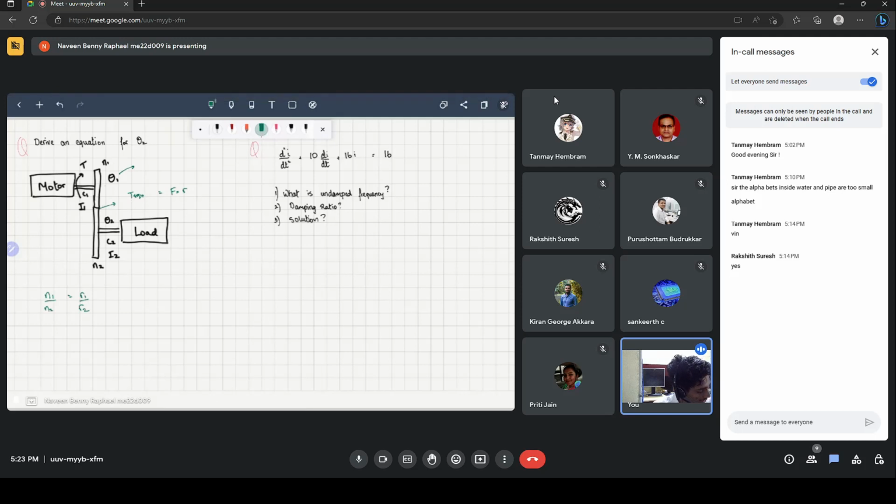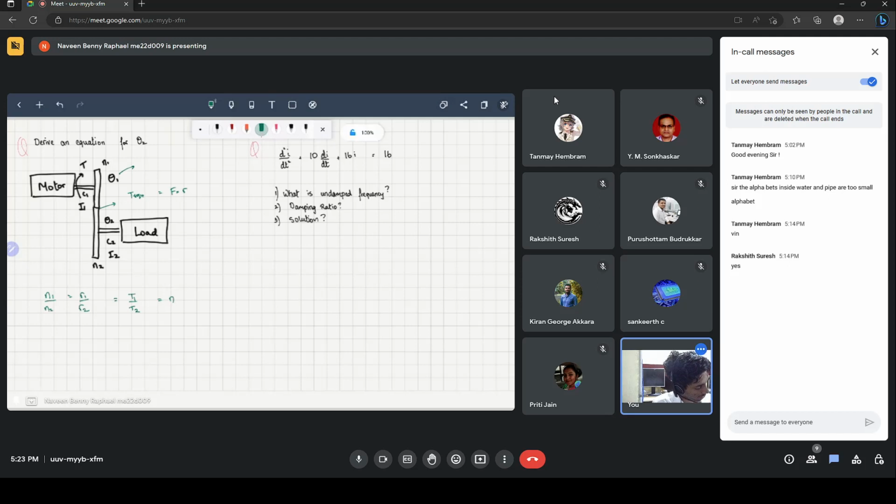Since the forces are the same, the torques between the gears will also be T1 by T2. We'll just call this ratio N for convenience.